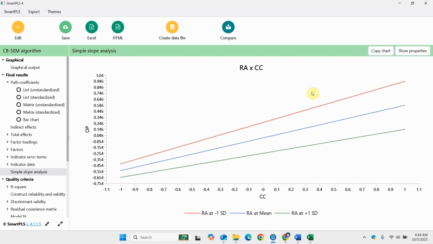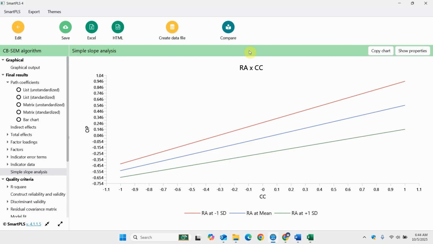This is what it means to understand the slope based on your results. Once the results are significant, it's very important that we look into the slope analysis, and this will help us better understand the relationships. This is how you can explain these relationships through slope analysis.